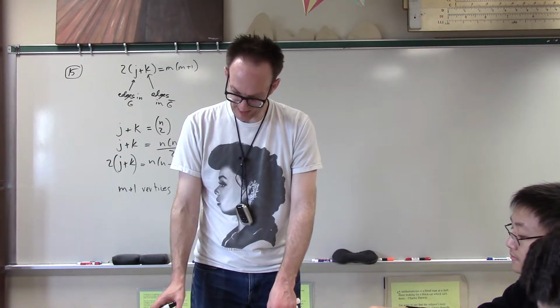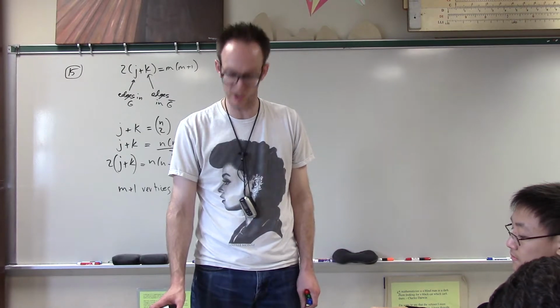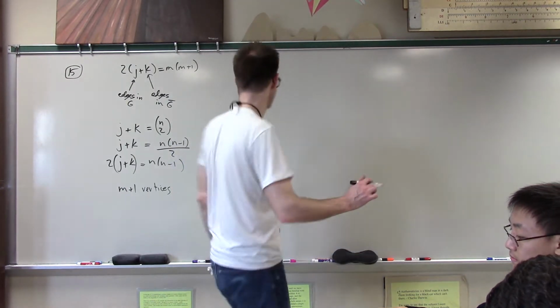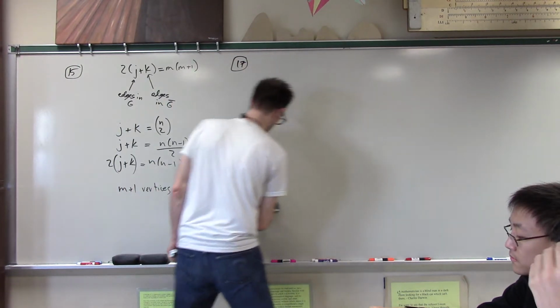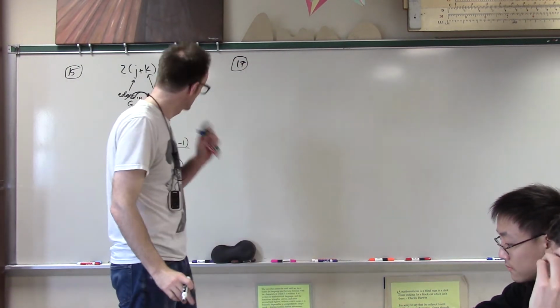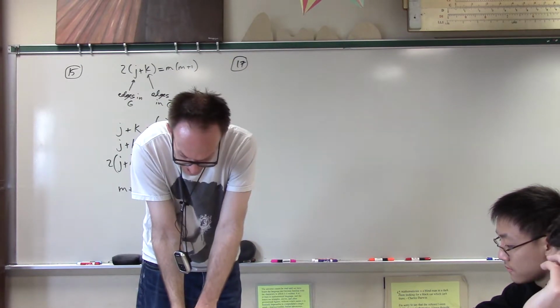17. Let G be a simple graph with at least 2 vertices. Prove that there must exist 2 vertices that have the same degree. Ooh, a classic problem that some year I even put on the test from two chapters ago.